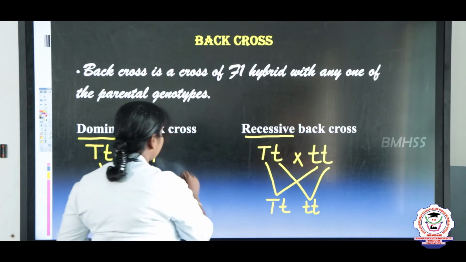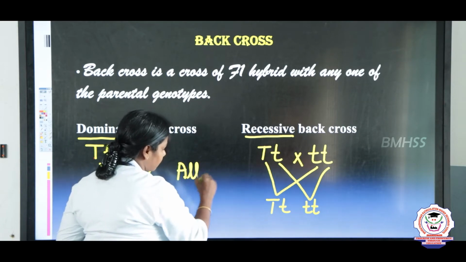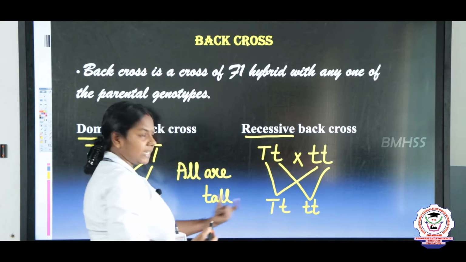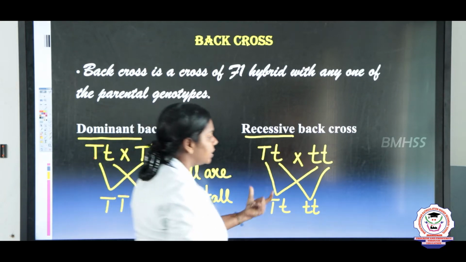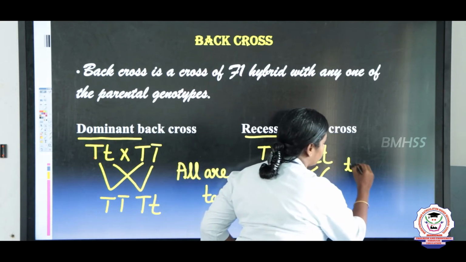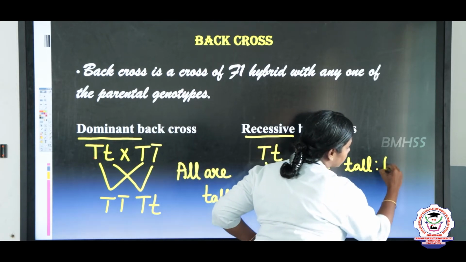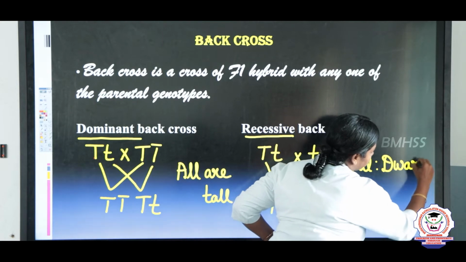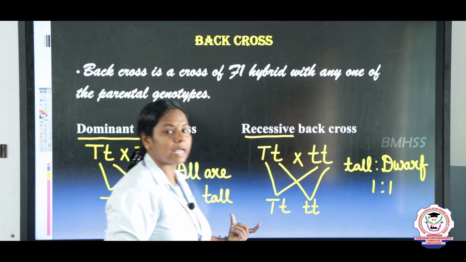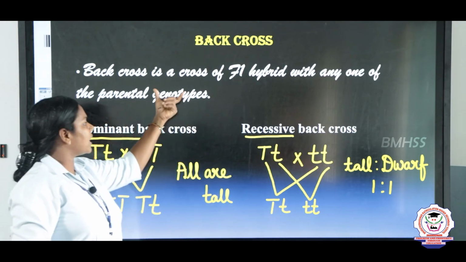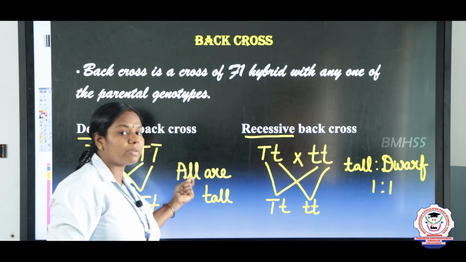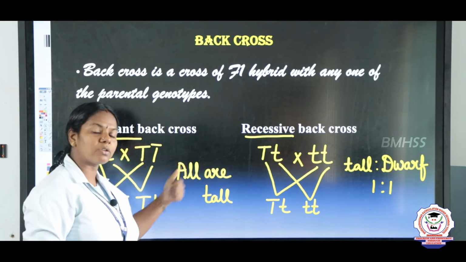Here, all are tall, but when the parent is recessive, we get the phenotypes in equal proportion, that is tall to dwarf in the ratio 1:1. So this is a back cross. We can identify whether the parent is dominant or recessive by using the back cross.